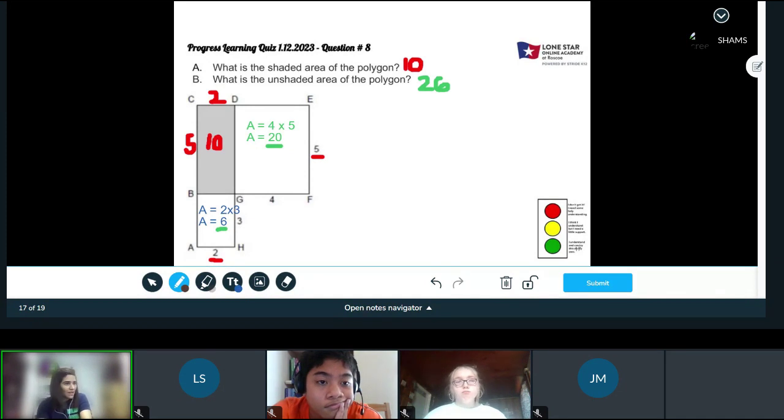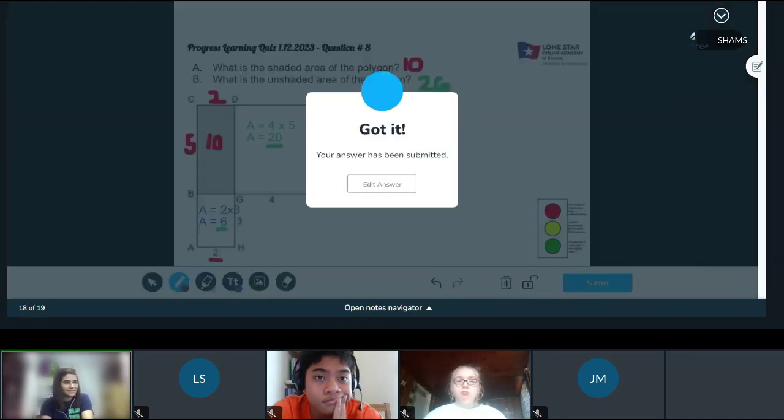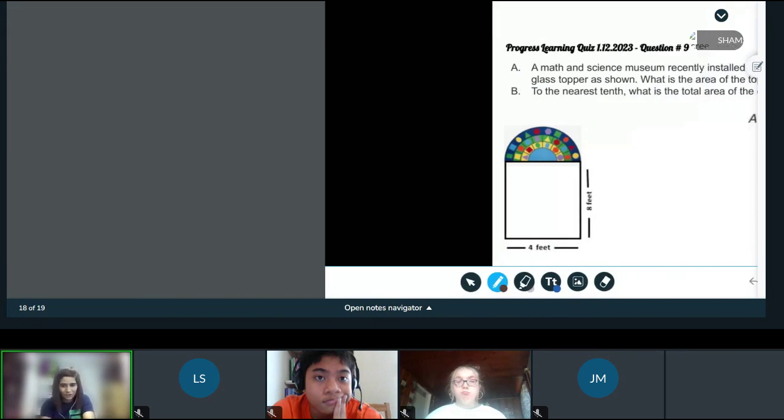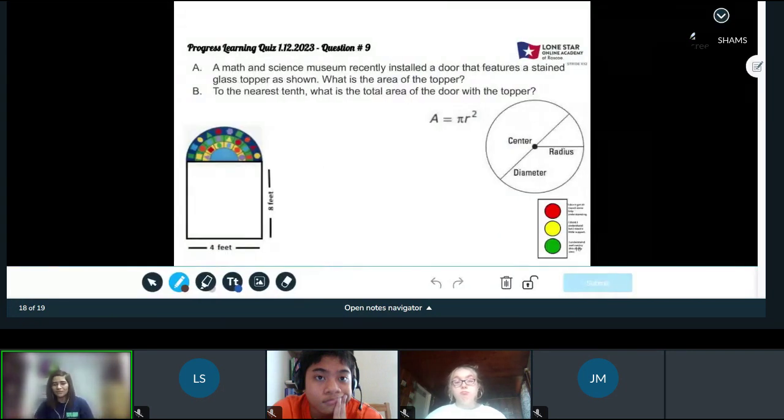Right, Sheila? We'll go ahead and see if we can answer at least one more question. Go ahead, show me how you will handle the half circle part. The top part, part A, says a math and science museum recently installed a door that features a stained glass topper as shown. So the colorful part.